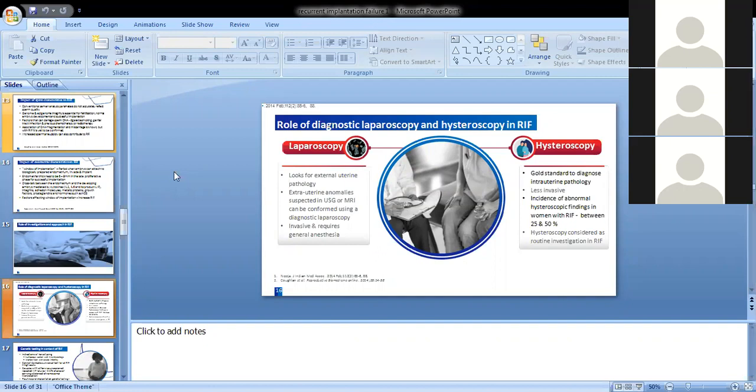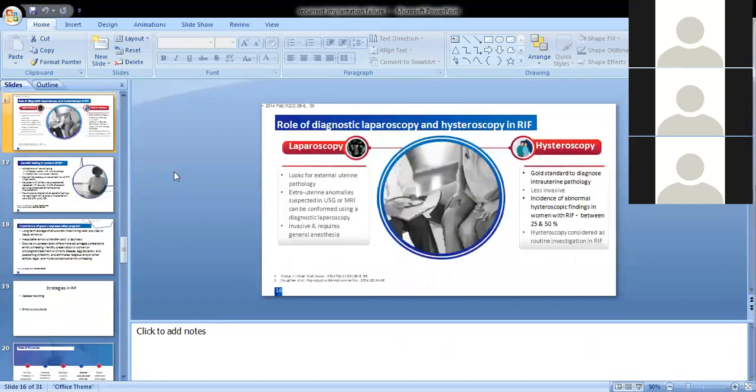So the incidence of abnormal hysteroscopic findings in women with recurrent implantation failure is between 25 to 50% in different literature. And as I mentioned, the most common is polyp, septa, or some adhesions. So in recurrent implantation failure, it is considered a routine investigation before another attempt at embryo transfer.